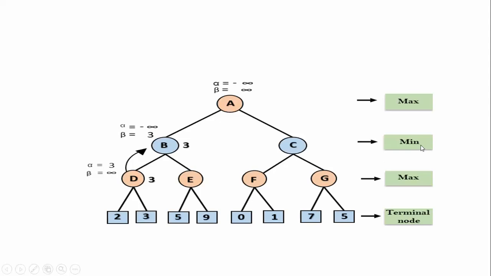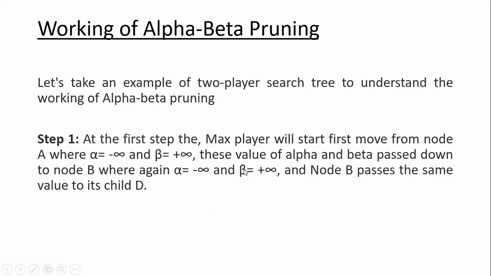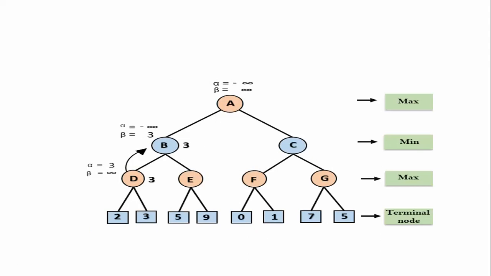Now we are at minimum level. At minimum level, which value only will we change? What is your point? The min player will only update the value of beta. I am not going to finalize the alpha value and beta value here.